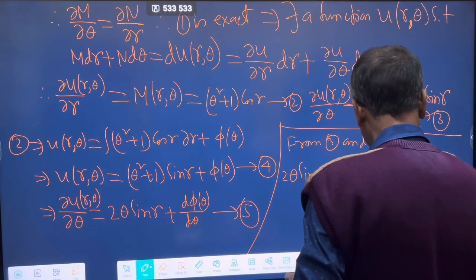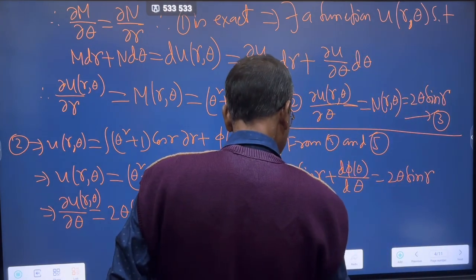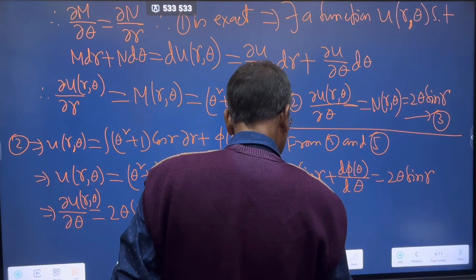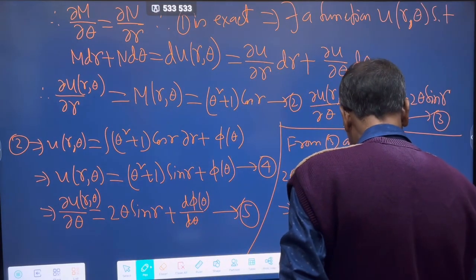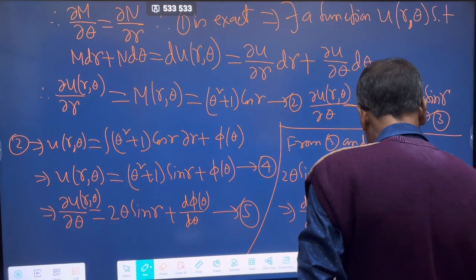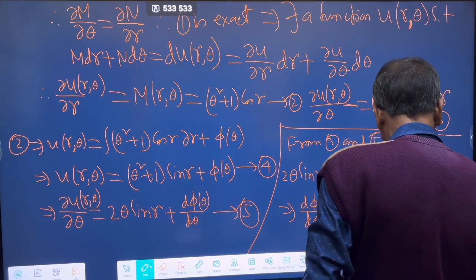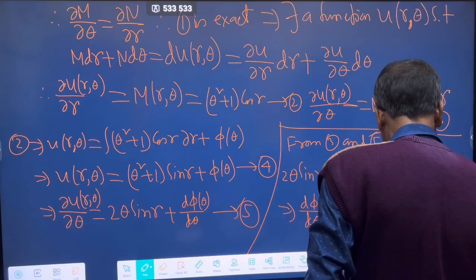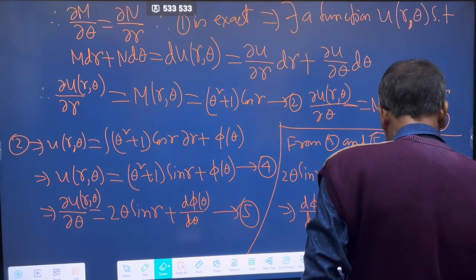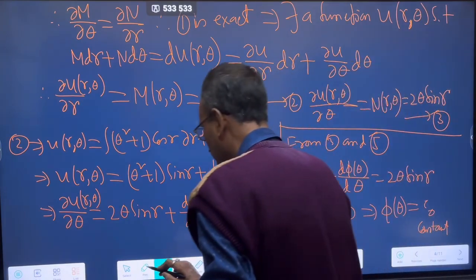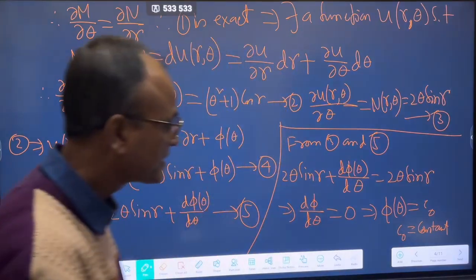This is equal to 2θ sin r. This means dφ/dθ equals 0. This means φ equals constant. φ(θ) is equal to a constant, C₀.